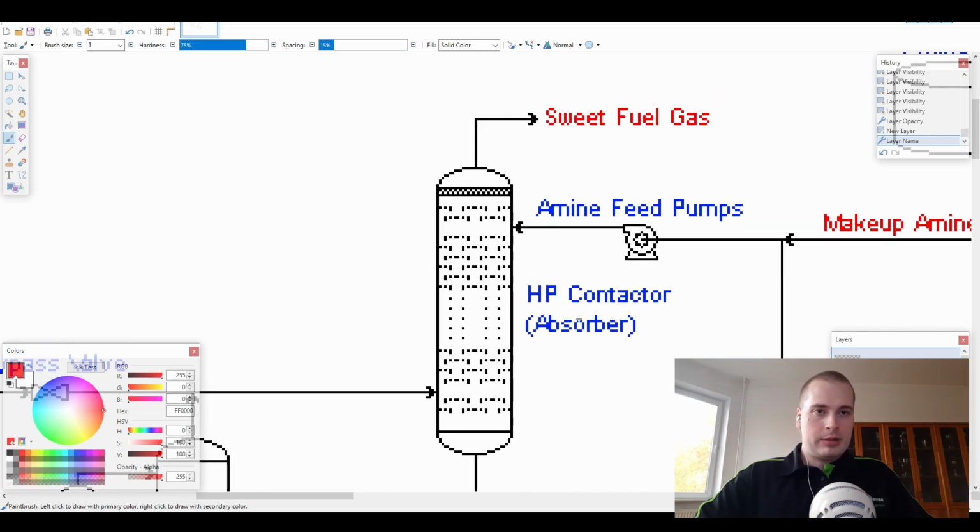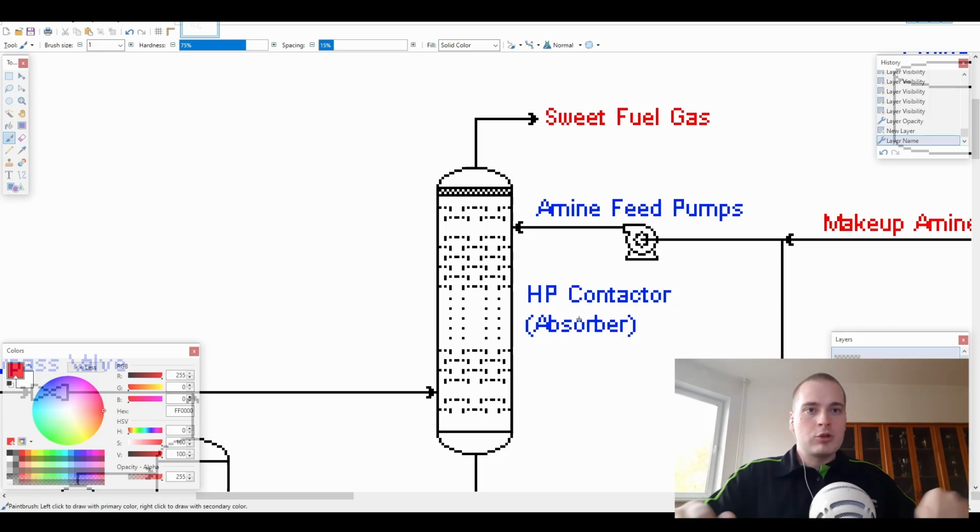What we are left with as the overhead output from our contactor is the sweet fuel gas, sweet hydrocarbons. So the logic here is that originally we had sour gas, sour water, and once we remove the hydrogen sulfide it becomes sweet. You get the logic, right?